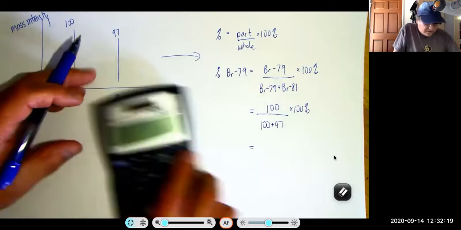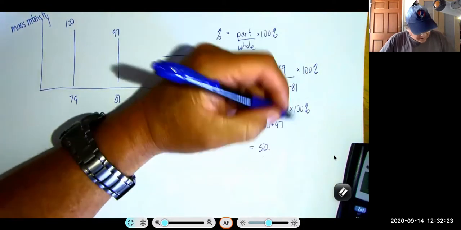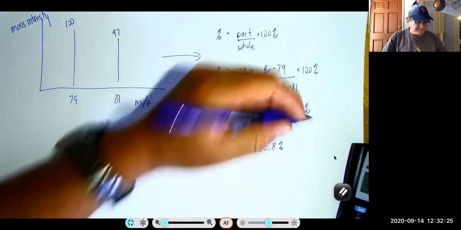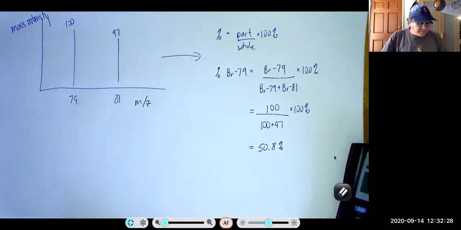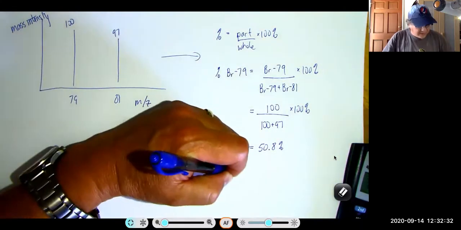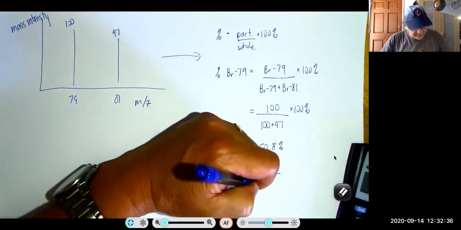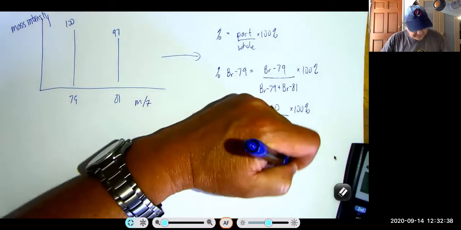So we have 100 divided by 197 and then times 100. And so here you get about 50.76%. I'm going to call it 50.8%. So if bromine 79 is 50.8%, what is bromine 81? Well, we could do it this way, 97 over 100 plus 97 times 100%.